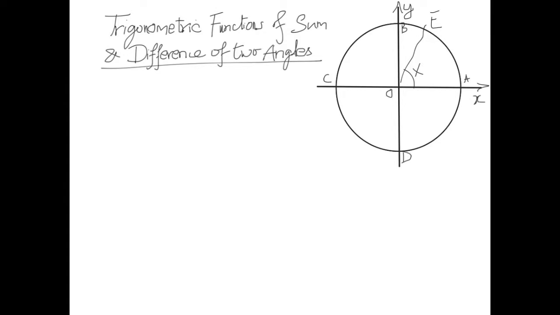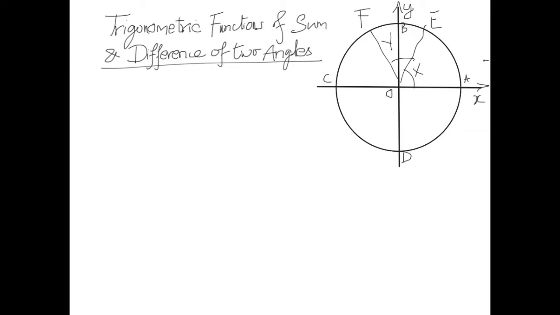And on top of X, let us add another angle Y. So this angle is Y, and let us denote this particular point by F. So OF segment makes an angle of X plus Y with the positive x-axis in the counterclockwise direction.